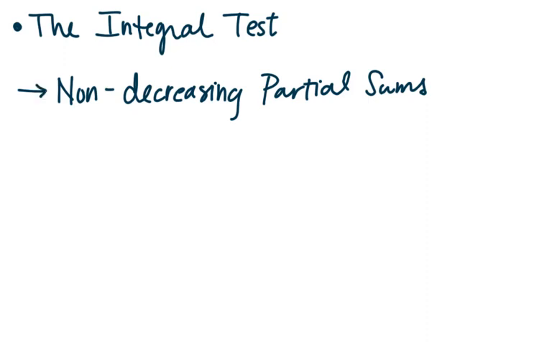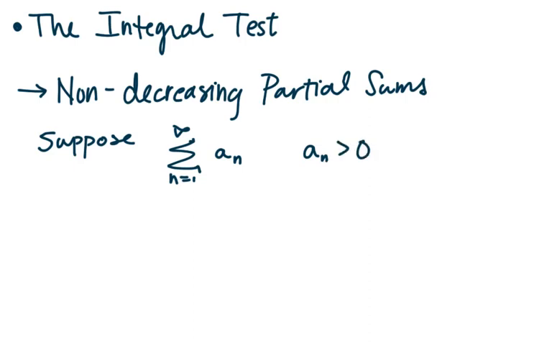non-decreasing partial sums. And what we can do is say, suppose that this sum, n equals 1 to infinity of a sub n, as long as a sub n is positive, dealing with an infinite sum, right? So if each of those terms is positive, then each partial sum is going to be greater than or equal to its predecessor.